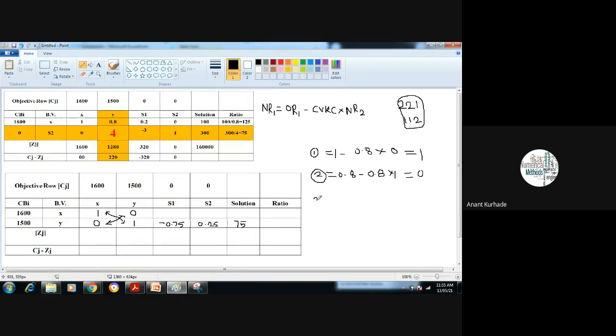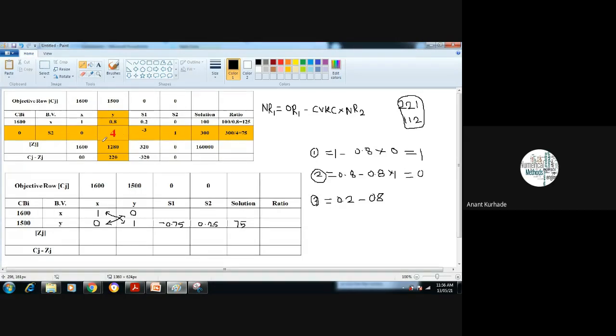Now the third value is equal to old value of R1. It is 0.2. So it is 0.2 minus corresponding value of 0.8. Do you understand this? Why is it 0.8? Why is it not 4? We cannot use 4 because here we are writing the values for row number 1, and this value 4 is from row number 2.